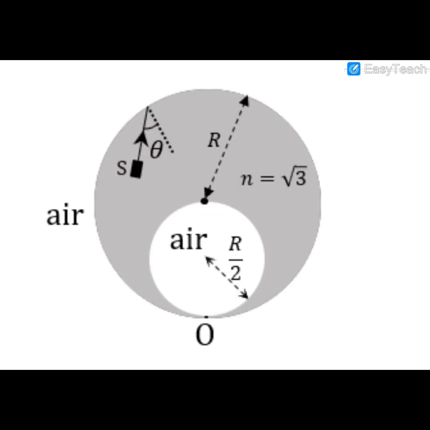So first of all, let us draw the scenario. This is the case, and first of all let us trace the light. The light ray will travel like this, and then there will be a normal drawn at this point. This angle will be theta, and this will be theta, obviously, because this radius is r and this is also r.